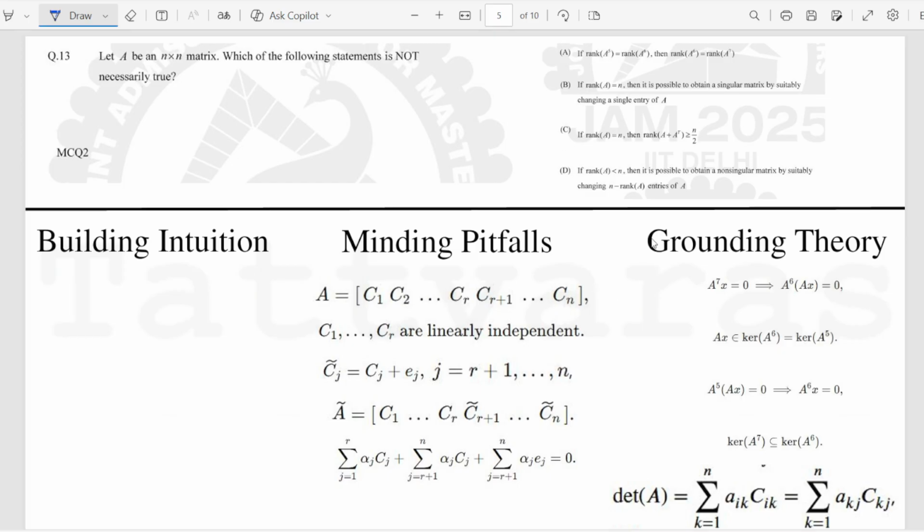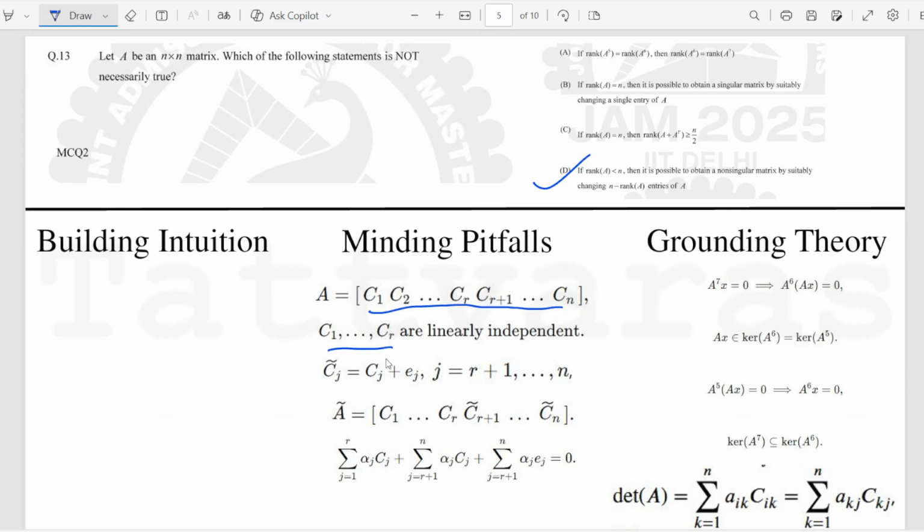For this one, the general proof is slightly more nuanced, where let's say we have R as the rank of the matrix A. So we can write the matrix as a combination of these column vectors, where the first R are linearly independent.